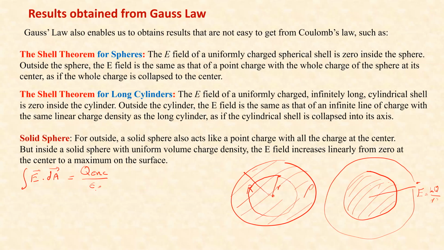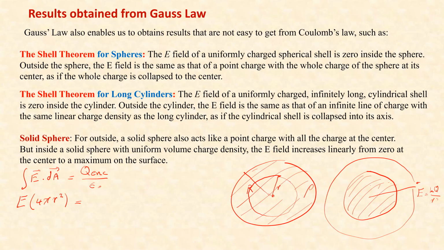Again, do the same argument: the electric field should be radial because of the symmetry. This side gives you E times 4 pi r squared. The other side, Q enclosed, is a little bit tricky.